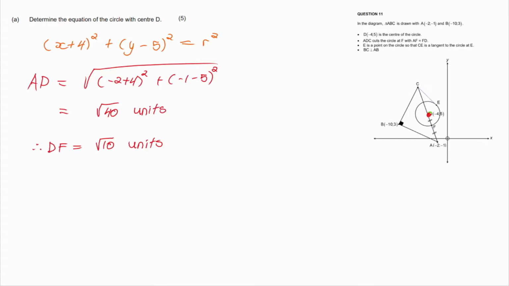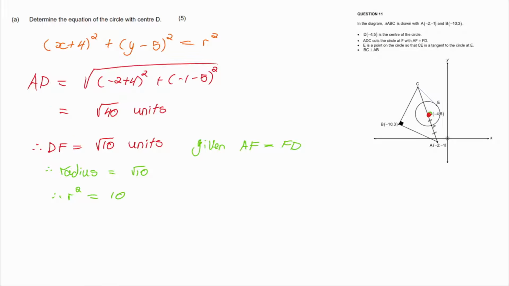We know DF is root 10 units because it was given, the reason here, that AF is equal to FD. So therefore the radius is root 10 units, so r squared is equal to 10.